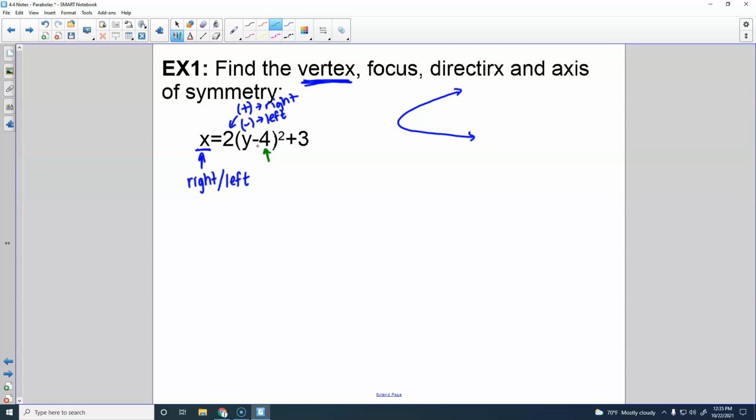But because it's not an x, it is a y, it's telling us whether it goes up or down. It is still inside of parentheses, which means it's going to go the opposite direction. So things that are inside of parentheses go opposite directions. But because there's a y here, this is going to go up 4.